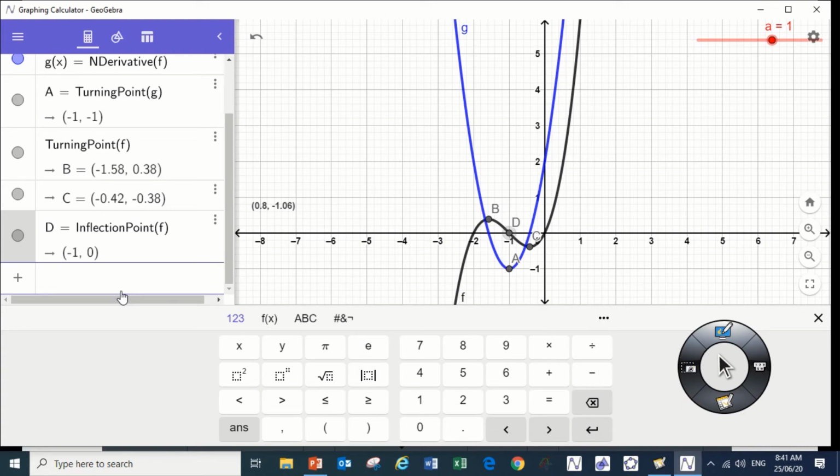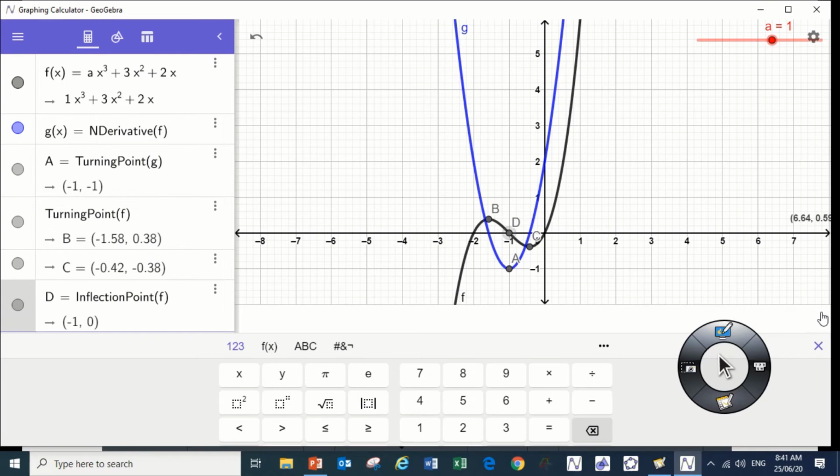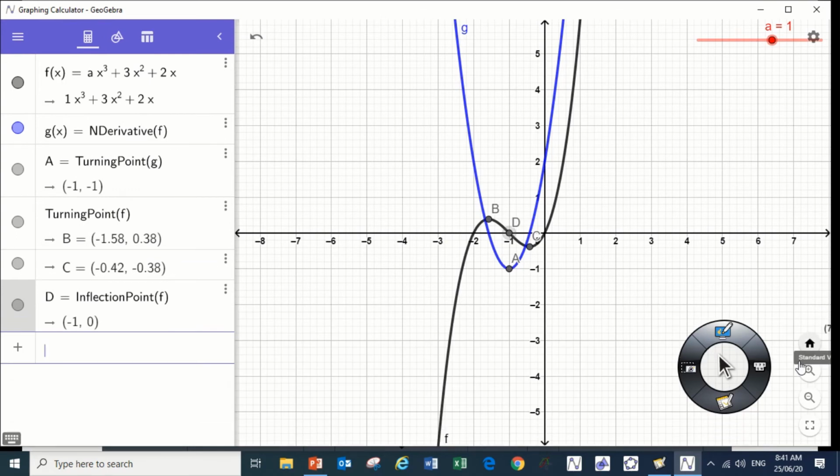Now, by observation, what do you notice in terms of the relation between the two? I'm talking about, let's say, the x values of the two graphs.